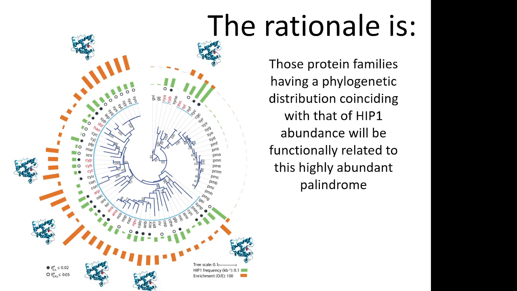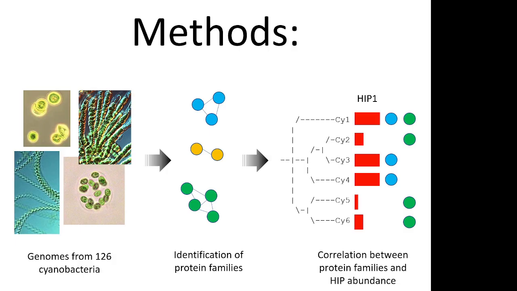Okay? So this is the idea. In the tree of life, if you find, for instance, some cyanobacteria which have this phenomenon of a highly abundant motif, and you find some protein families that relate to this abundance, and you do not find those proteins in those cyanobacteria that do not show high HIP1 abundance, then maybe there is a functional correlation.